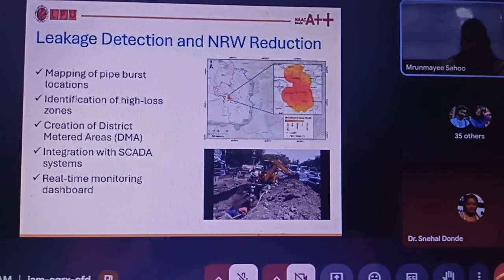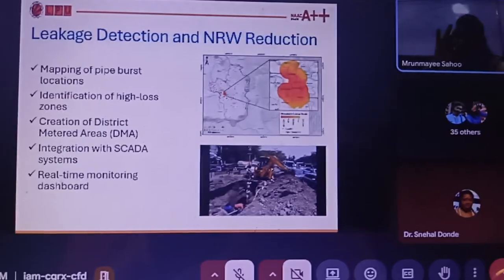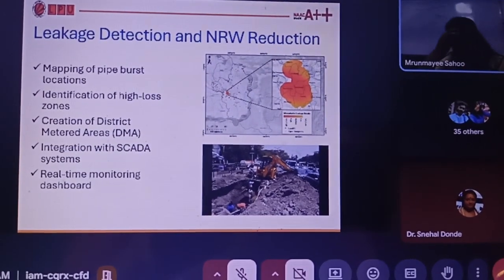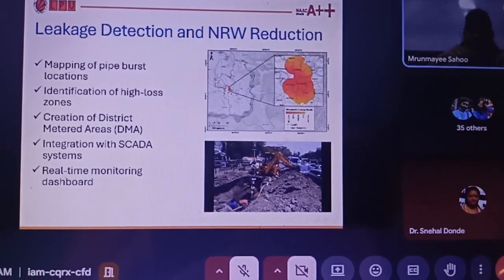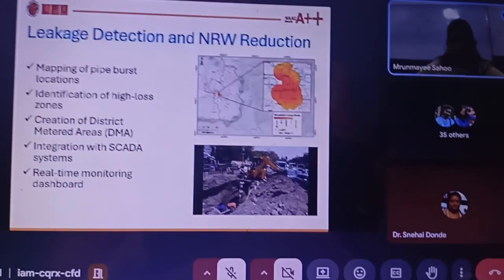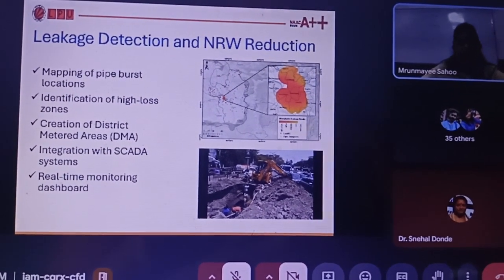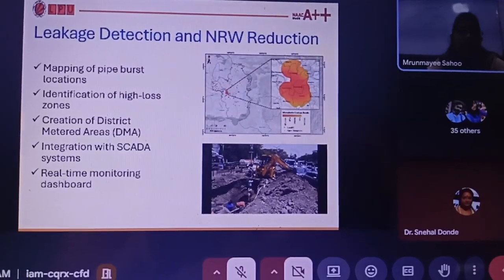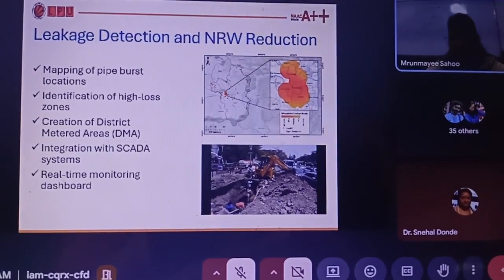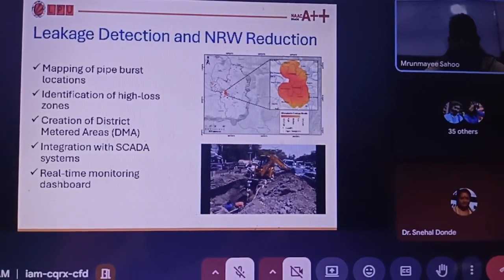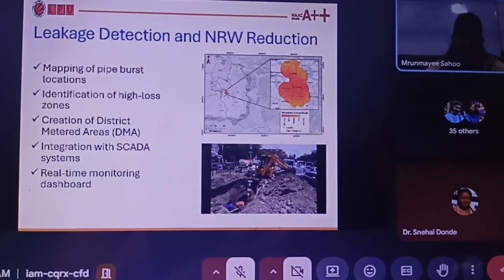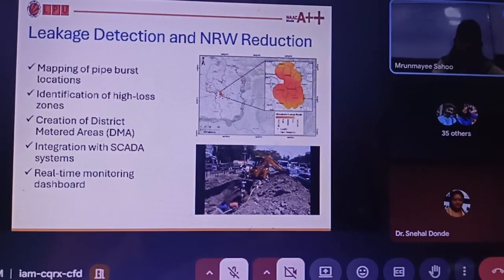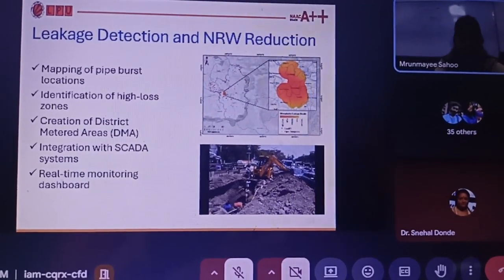There will be no leakage because their pipelines will be smaller in diameter. But if industries are integrated within the residential area, then you have to supply water in a larger pipeline, because from the same pipeline industries are also taking water. There are various loopholes and disadvantages to putting industries inside an unplanned city in India.